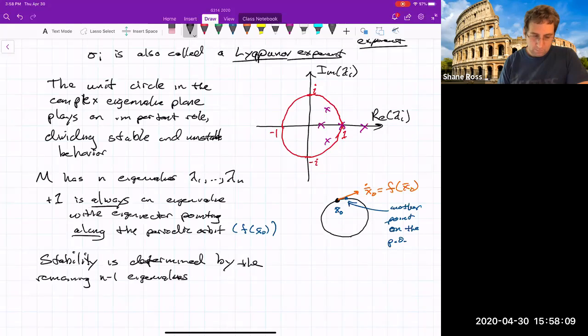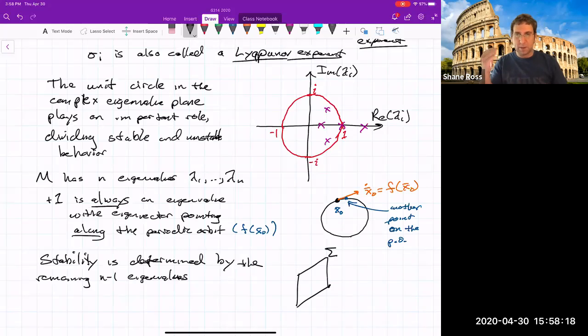And if I were to plot my Poincaré section, the Poincaré section is always one dimension less than the ambient space. So this is an n-1 dimensional subspace.